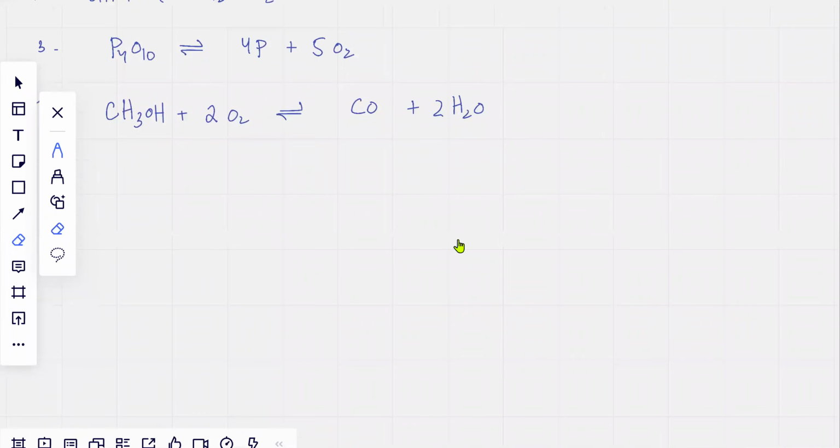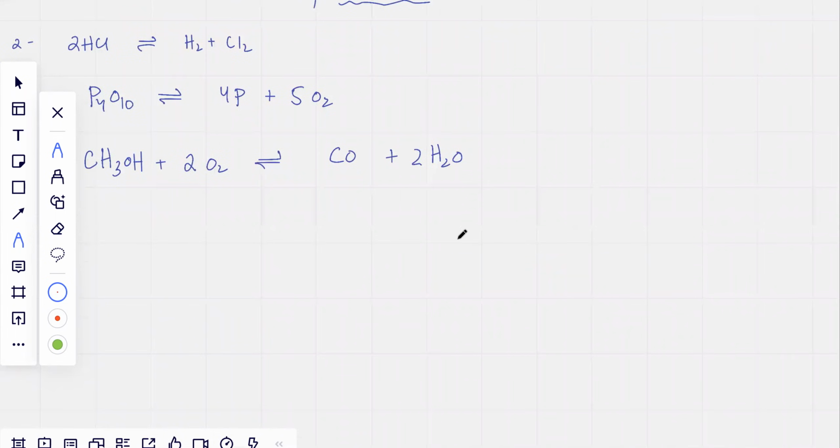Let's talk about how to write the units and the expression for that one. For example, this one, the expression for Kc is going to be the products' concentration, which is going to be phosphorus and O2 concentration, each in a square bracket. I just made this up, so I'm just assuming that this is a reaction that's at equilibrium, and it's all going to be divided by the reactants.